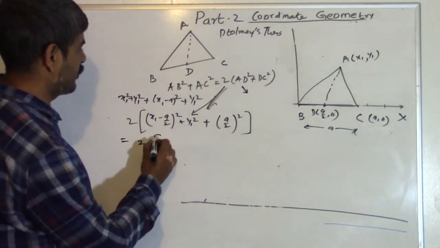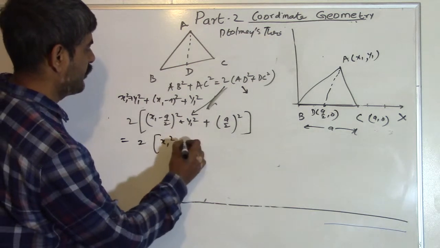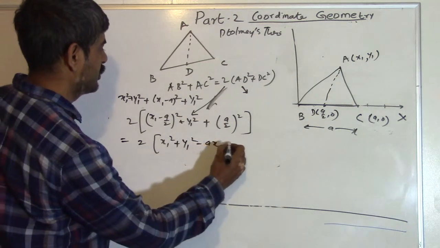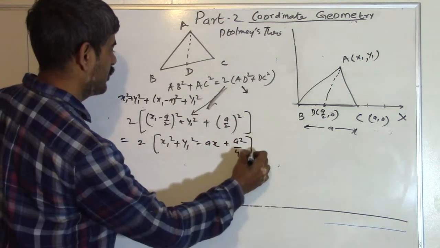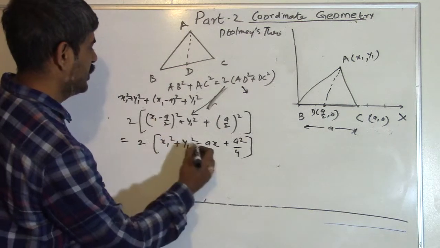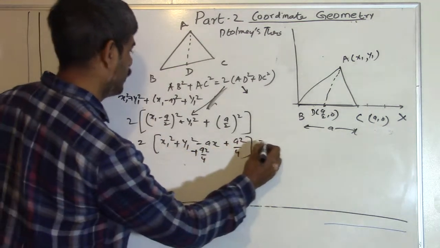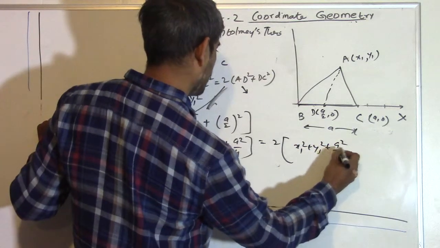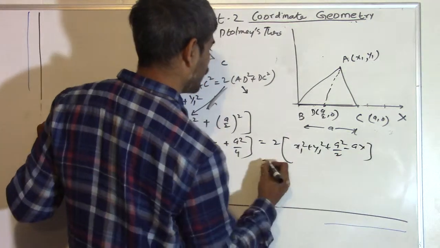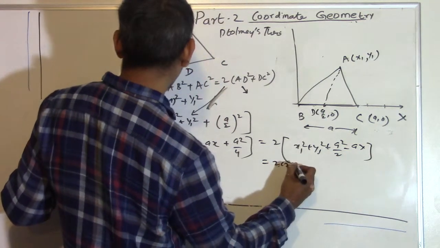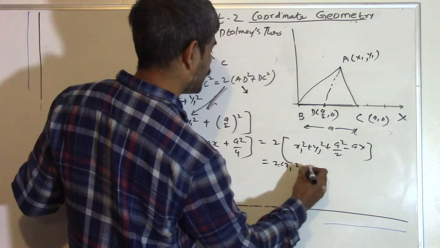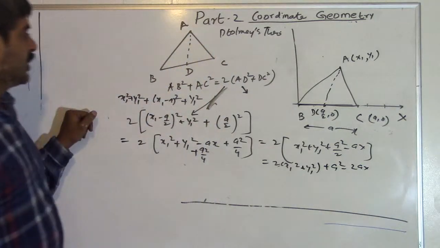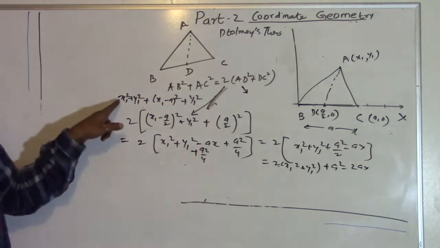We will get 2 times of x1 square plus y1 square minus ax1 plus a square by 4, plus this a square by 4, another a square by 4. So this becomes 2 times of x1 square plus y1 square plus a square by 2 minus ax1, and if I simplify it becomes 2 times x1 square plus y1 square plus a square minus 2ax1. And let's see if this one is equal to the left hand side or not.